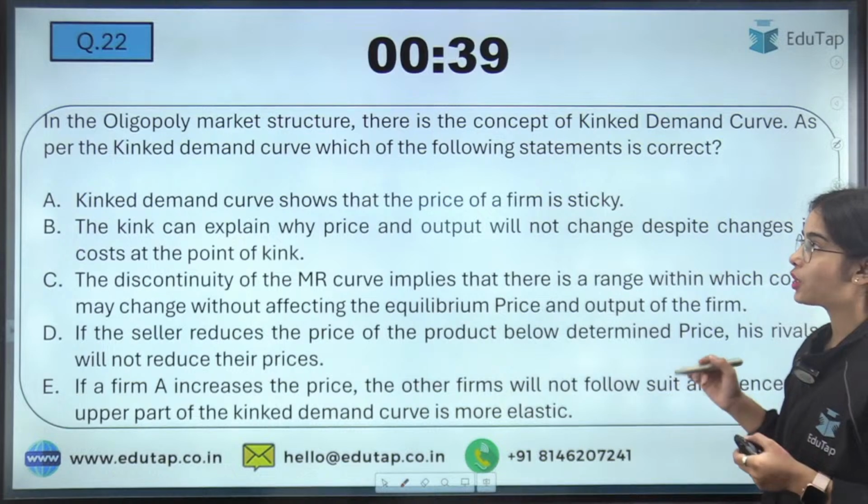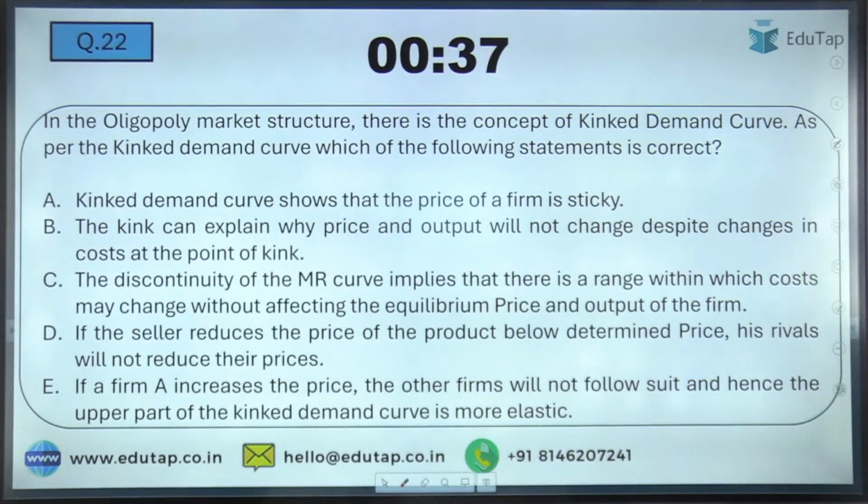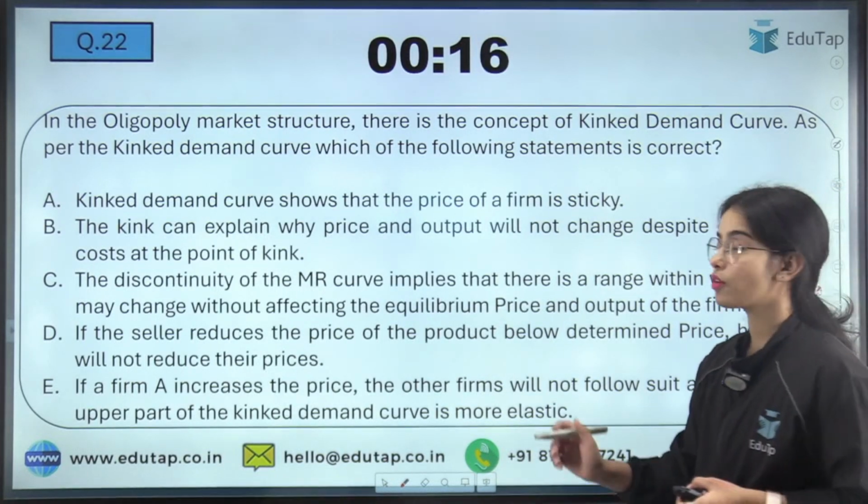Coming to the next question, in the oligopoly market structure, there is the concept of the kinked demand curve. So try to answer this. The kinked demand curve shows that the price of a firm is sticky.